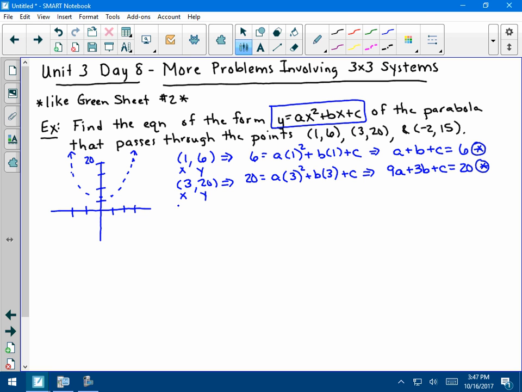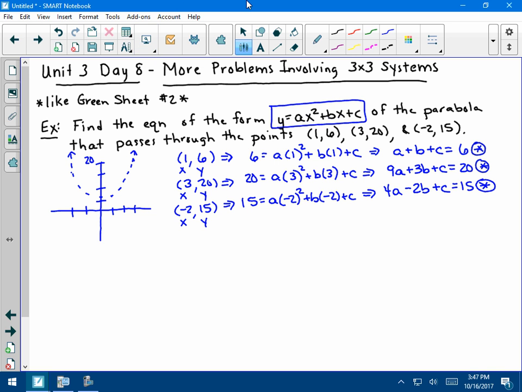Take that last point, (-2, 15). There's x, there's y. 15 equals a times negative 2 squared plus b times negative 2 plus c. Negative 2 squared is 4, so that's 4a minus 2b plus c equals 15.